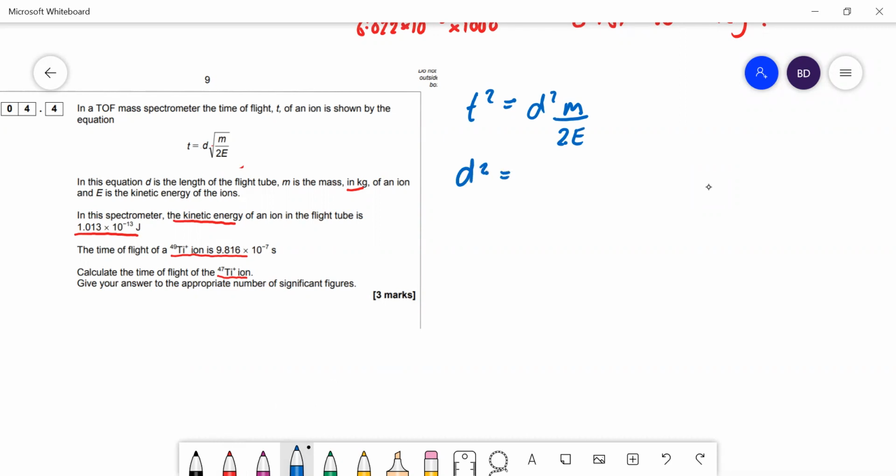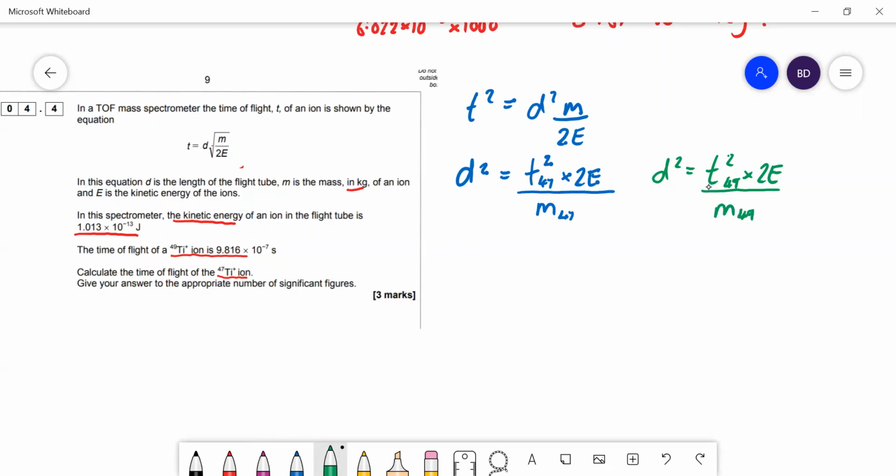D squared is equal to, now let's do it for the 47, the time taken T47 squared multiplied by 2e over the mass of the 47. And we also know that d squared is equal to the time of flight for the 49 squared times 2e divided by the mass of the 49 isotope.